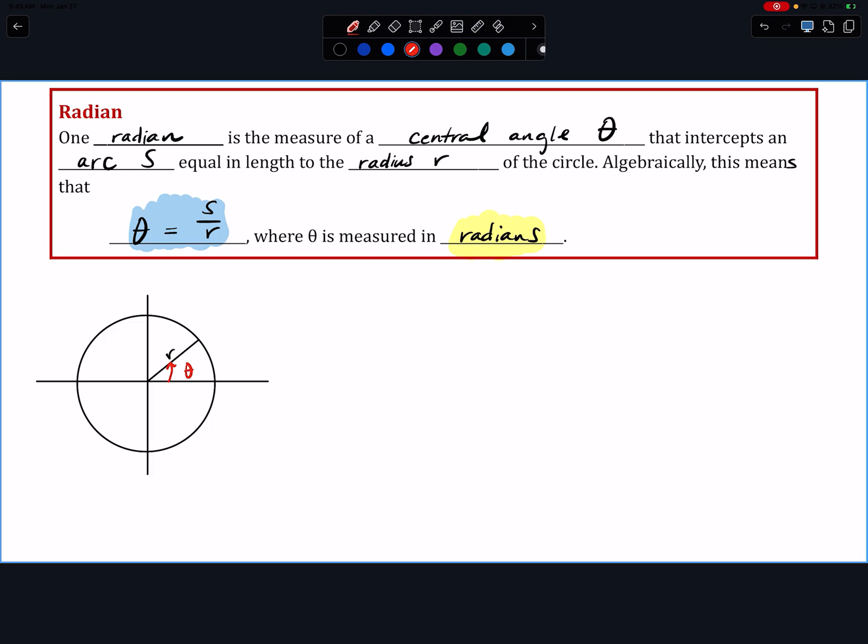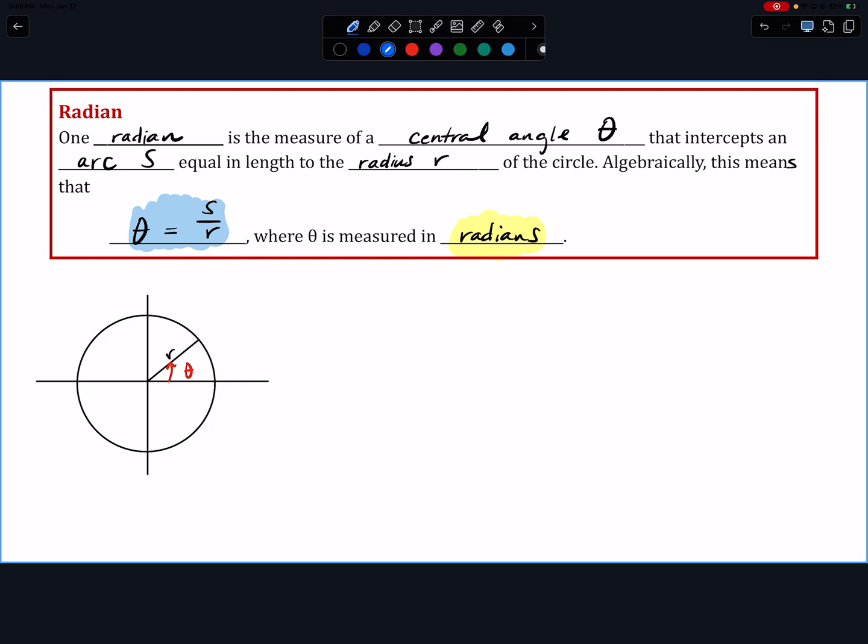Does that make sense? What this says is a radian, whatever this distance is, kind of looks like a slice of pizza. Whatever this distance is, it's the same distance as the crust of this little pizza slice. So whatever r is right here, see how it's curved, but this is a straight line? If I were to straighten out the pizza crust, it would be the same length as this r.